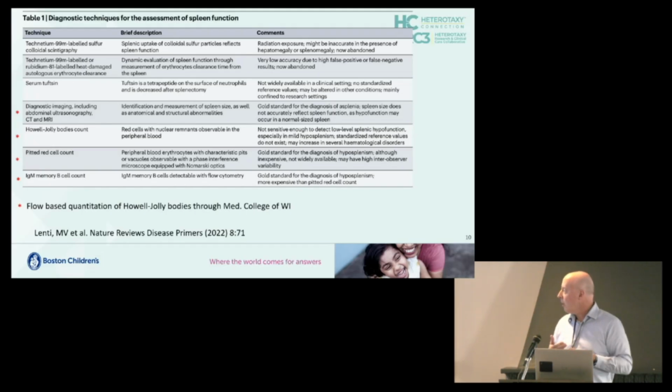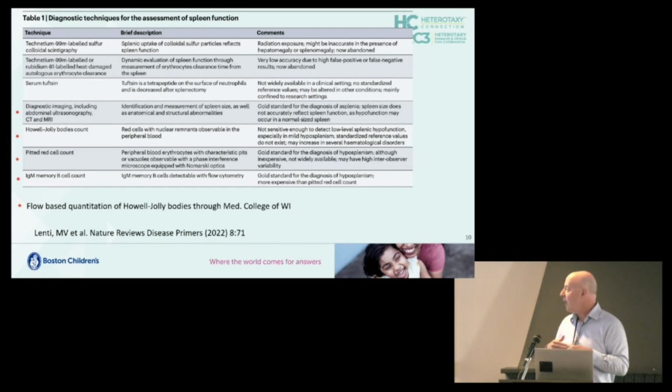One of the more common ways a number of years ago was to look for Howell-Jolly bodies in peripheral blood smears. The downside to that is that it's not very sensitive, so we've moved more towards pitted red cell counts, which is a much more sensitive assay for hyposplenism.